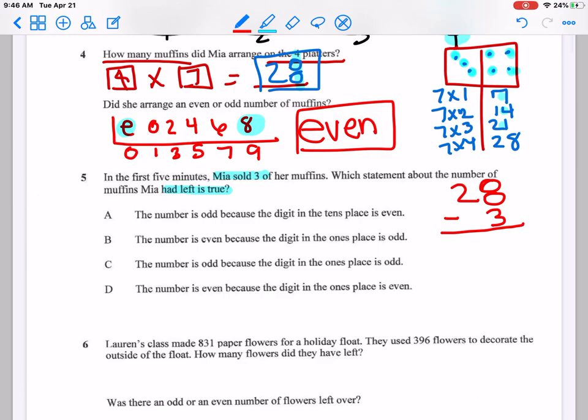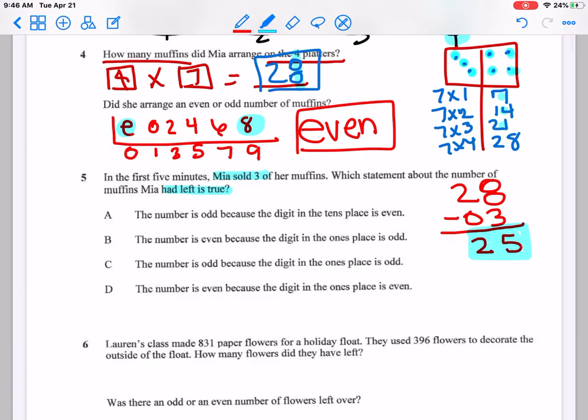So 28 minus 3: 8 minus 3 is 5, and 2 minus 0 is 2. So here is the information that's telling me what she had left. She had 25 muffins left.